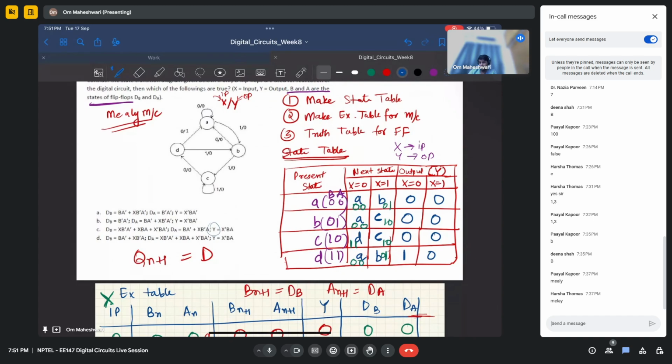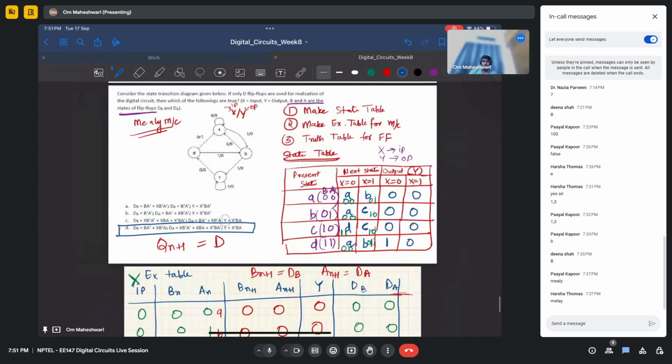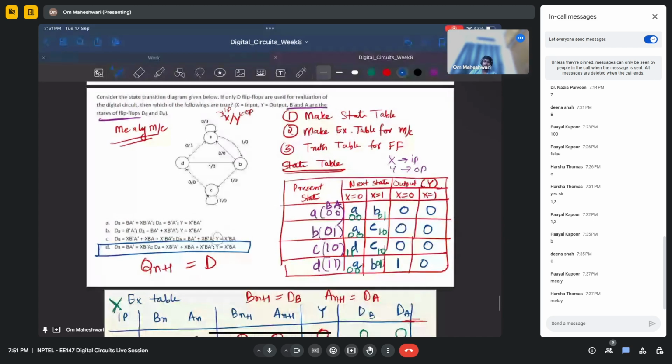Option D is correct. I hope this is clear.